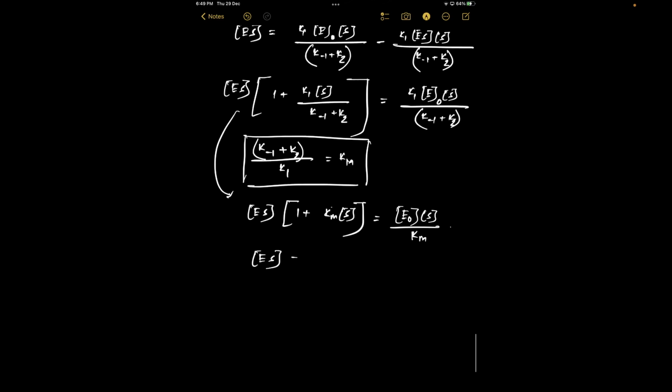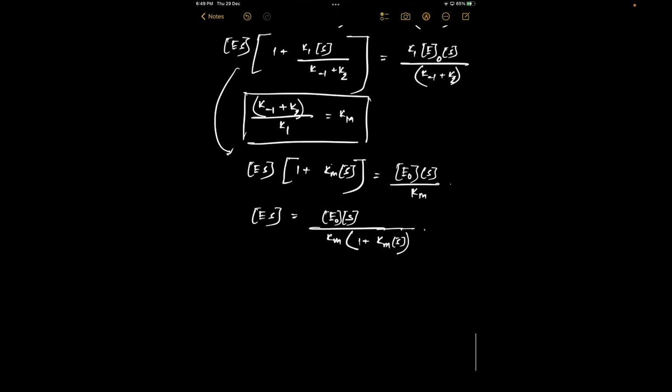So ES will be E0 S divided by Km plus S. I think I have made some mistakes.